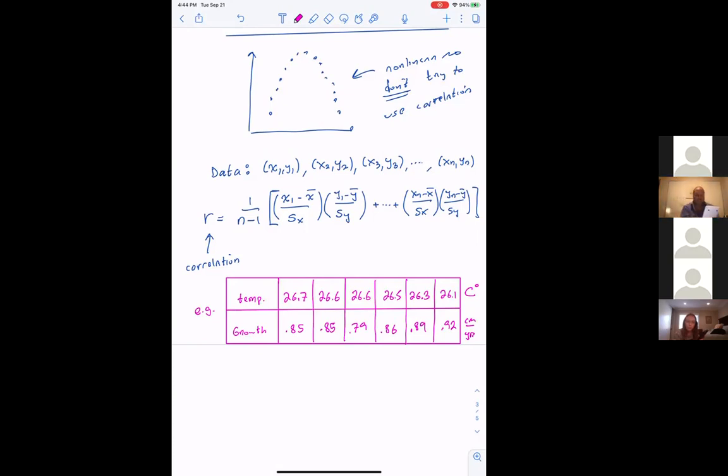So for the first list, we have 26.7, 26.6, another 26.6, 26.5, 26.3, and 26.1. And for the second list, we got to match them up. So 0.85, 0.85, 0.79, 0.86, 0.89, and 0.92. So when you do that, you should have it look like this.